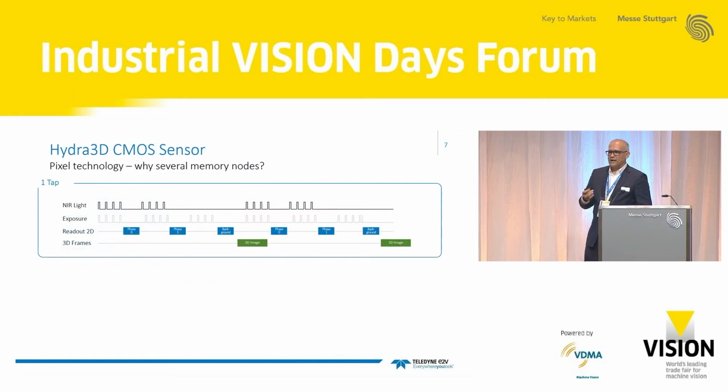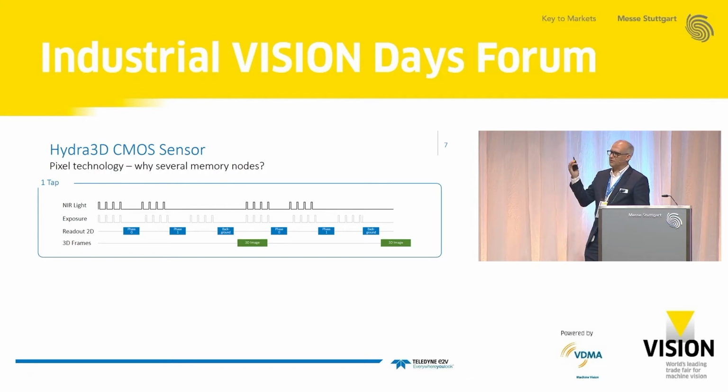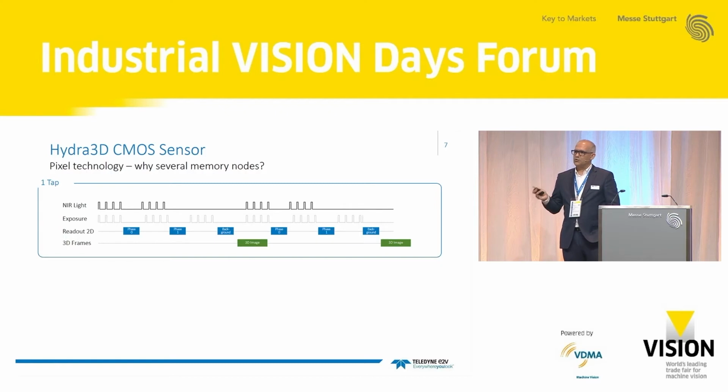So why 3 taps? Why is it important to have multiple memories inside the pixel? If you remember from the introduction, I said that in indirect time-of-flight, you need more than one image to compute a 3D image. So again, I'm going to the example of the 3-phase algorithm, and I'm comparing with one pixel having one single tap.